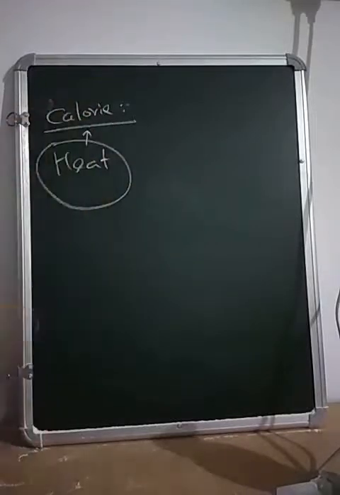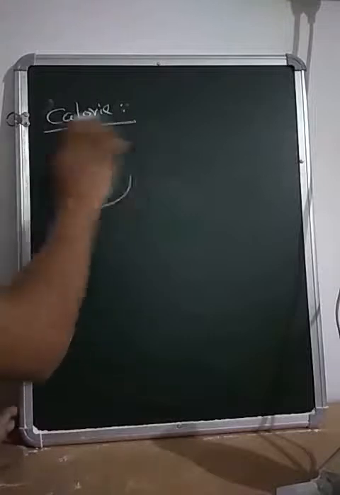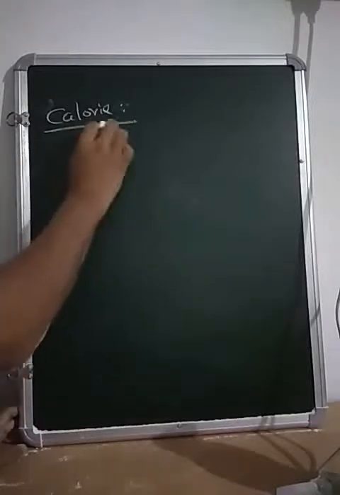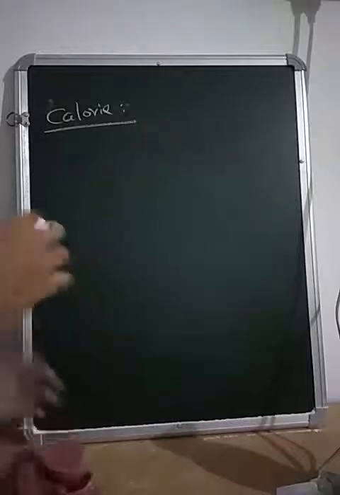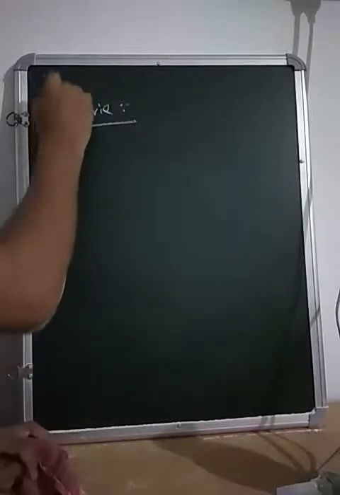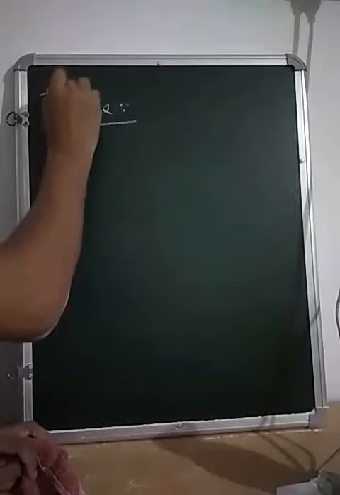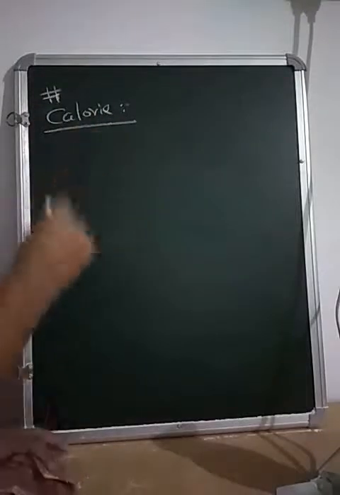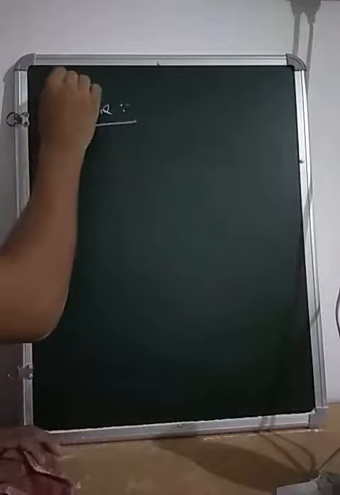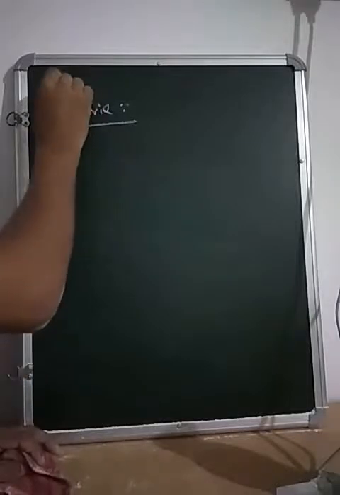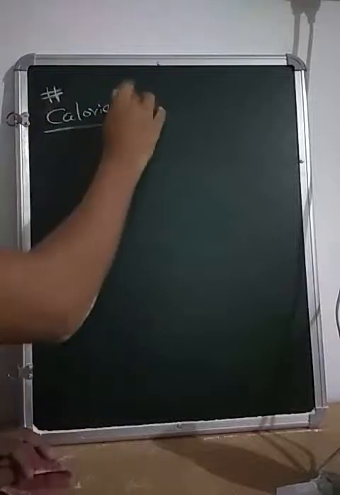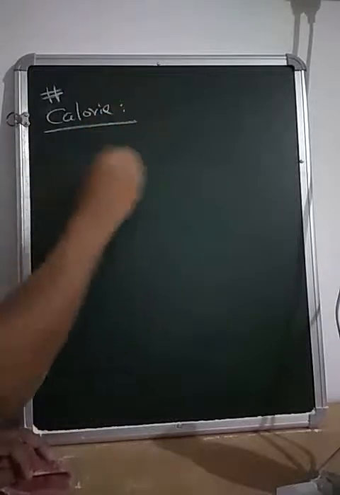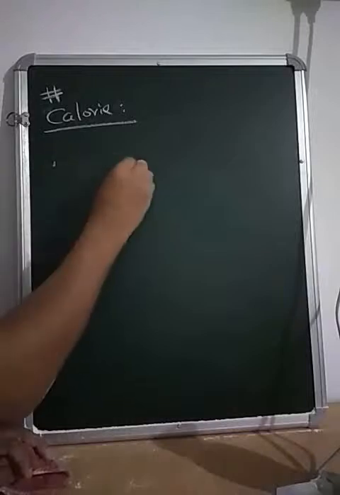In different forms of energy, we use different units of energy. It is the same energy but in different forms, and you can express or correlate one form to another form.